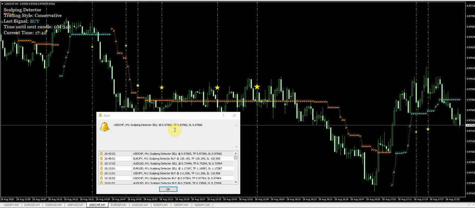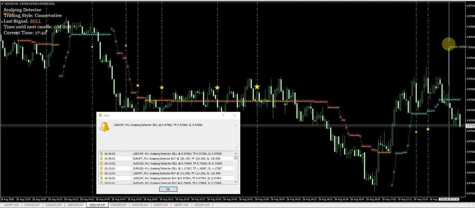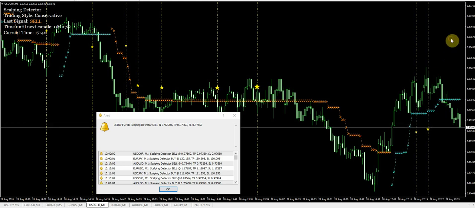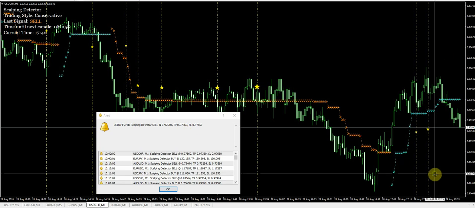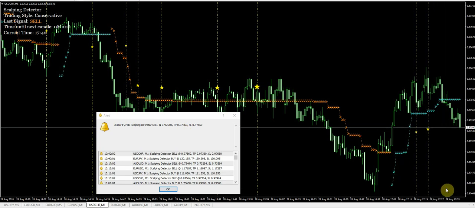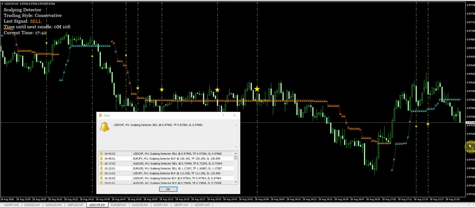All right, stop loss is going to be at 0.97660. All right, so right about right there. Take profit is at 0.97360. So that's down quite a ways down there.